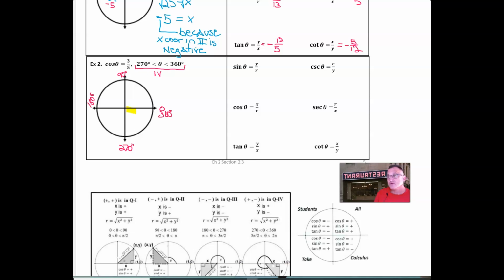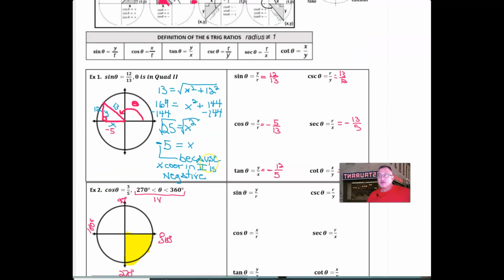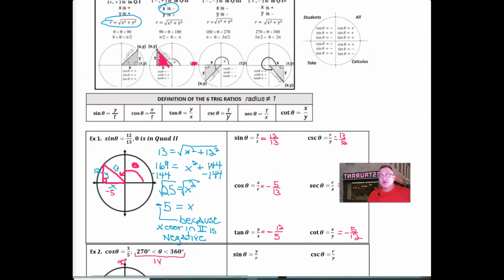So we're working in quadrant 4. So I'm going to go up here and make a triangle like this one in quadrant 4.